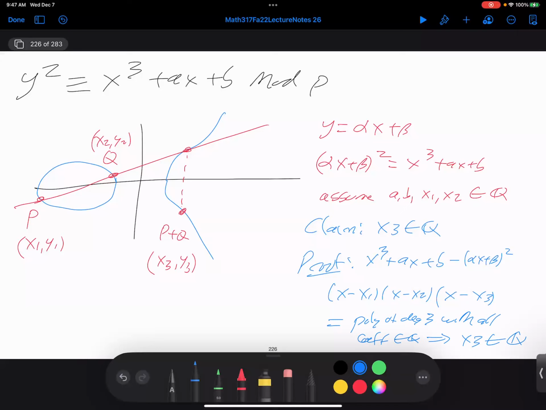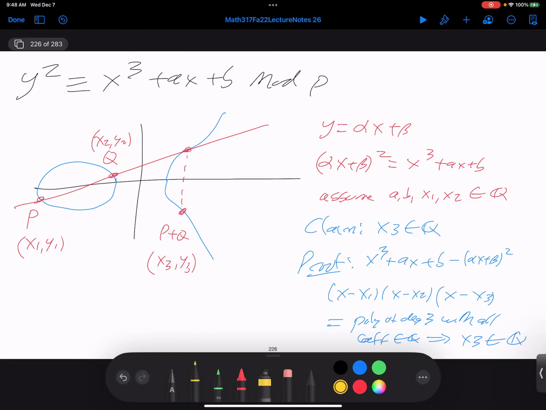But essentially, because it equals a polynomial with rational coefficients, and x1 and x2 are rational, x3 has to be rational. So if you start with 2 rational points, not only do you get a third point on the elliptic curve, and only 1 point, but that point also has rational coordinates. This allows us to look at the set of points that have rational coordinates.